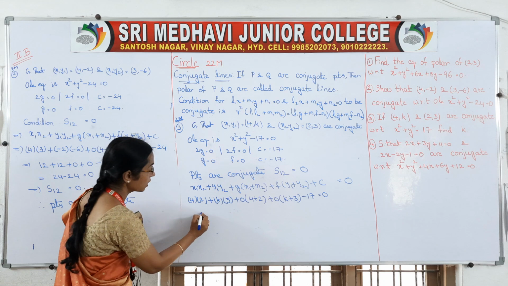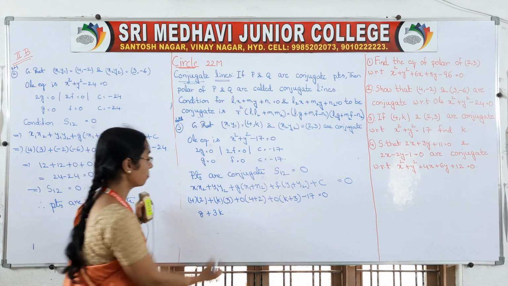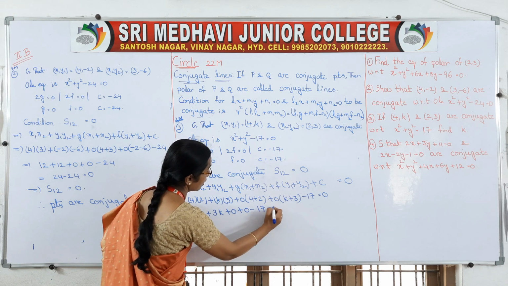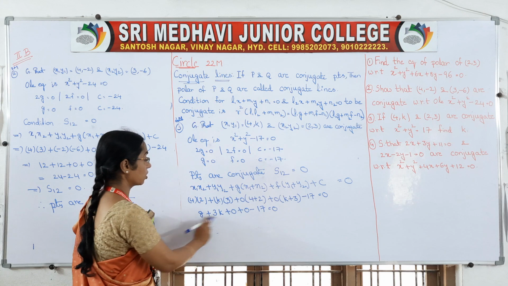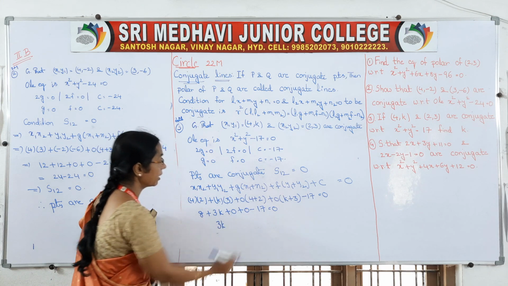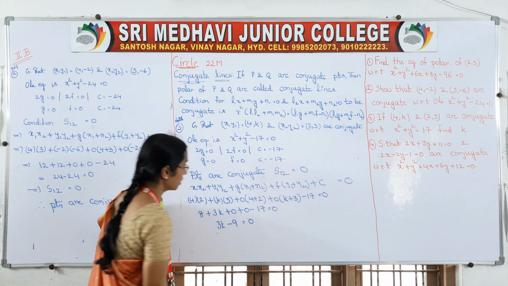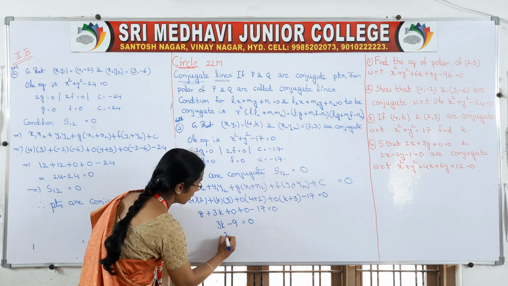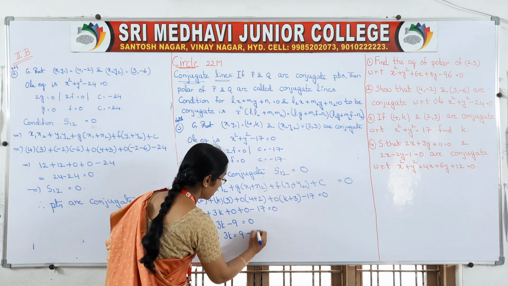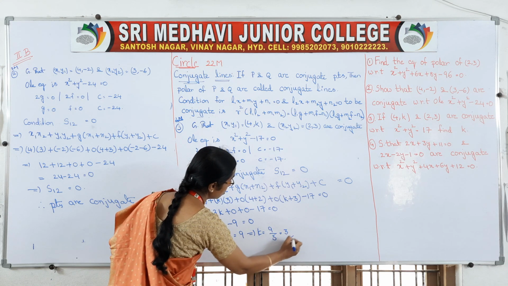So 4 twos are 8 plus 3k, 0 into something is 0, plus 0 minus 17 is equal to 0. So it is 3k and 8 minus 17 is minus 9 is equal to 0. So 3k is equal to 9, which implies k is equal to 9 by 3, which is equal to 3.